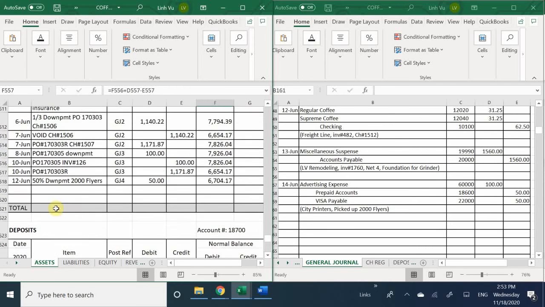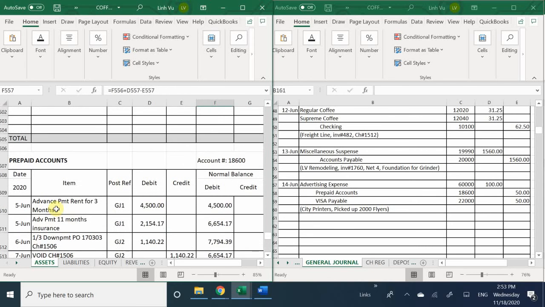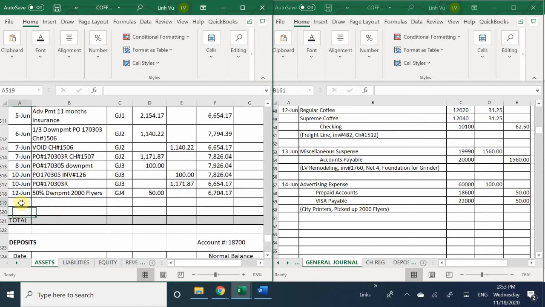So go up to prepaid accounts. All right, 614. Okay, I guess you could say redeem here. 50% down payment, NPMT flyers.